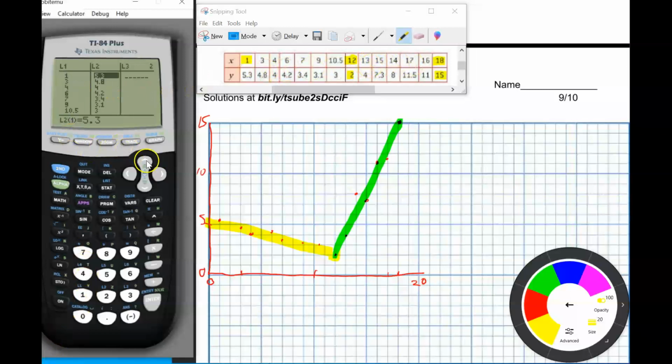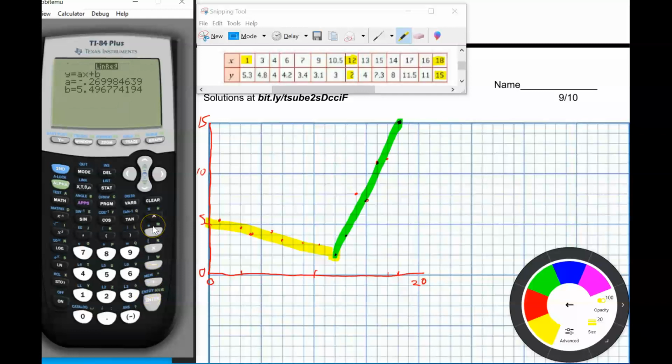Okay, so I went into stat edit and I typed in all the numbers from x equals 1 to x equals 12, including their y values. Now remember to do linreg. I do stat calc linreg, which is number 4, and I put L1 and L2 because that's where I put my data, and make sure frequency list is blank, and then I go down to calculate.